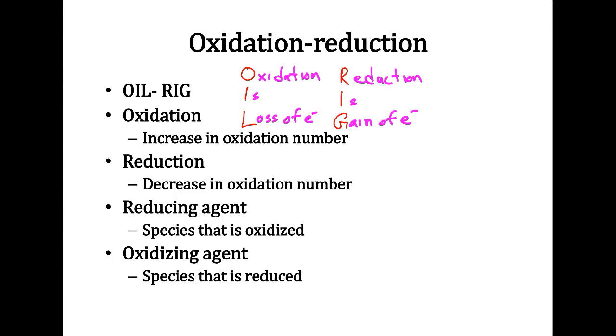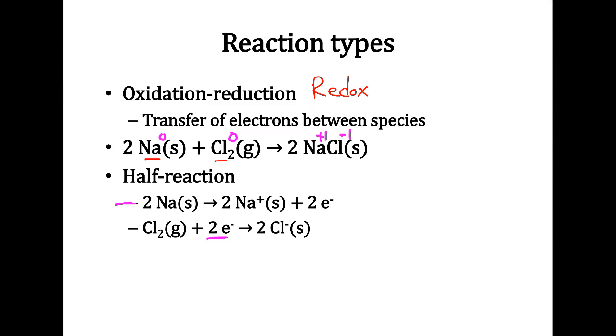So if we go back and look at that previous example, we can see that sodium is losing electrons. So since sodium is losing electrons, it is being oxidized. Okay, and then chlorine right here is gaining electrons, so we could say that chlorine is being reduced.